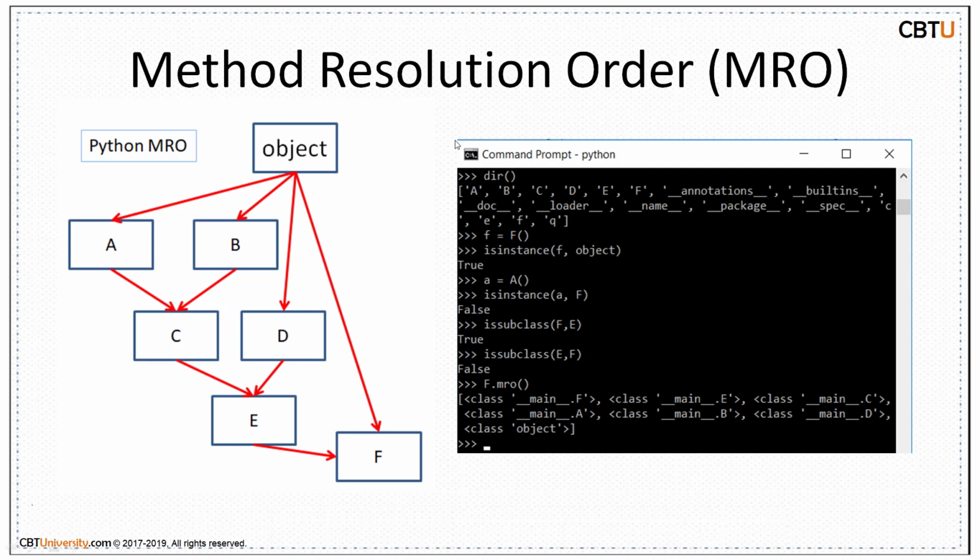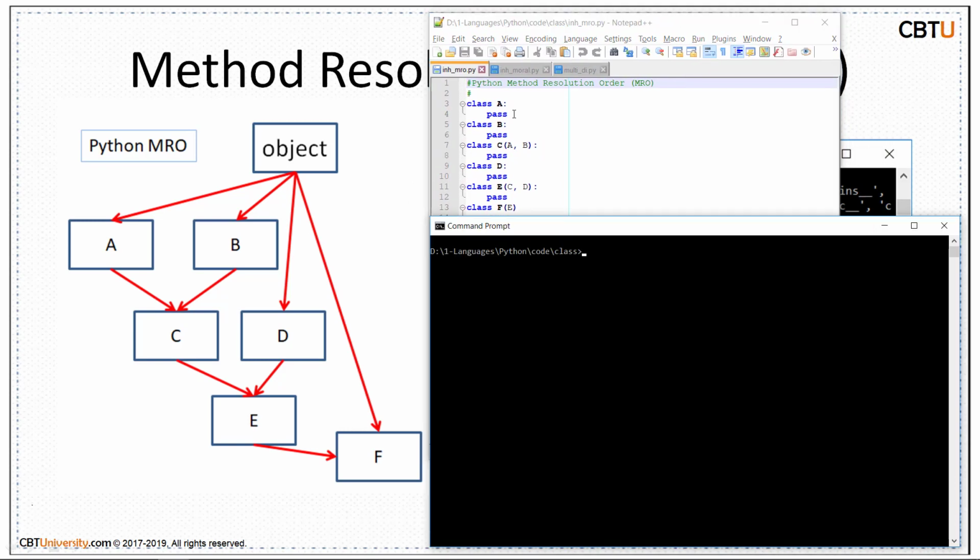Let us see the example. We have blank classes defined here, A to F. As a class needs to have at least one line, the pass statement is here to fulfill that requirement. Let us enter the Python shell and create all classes.